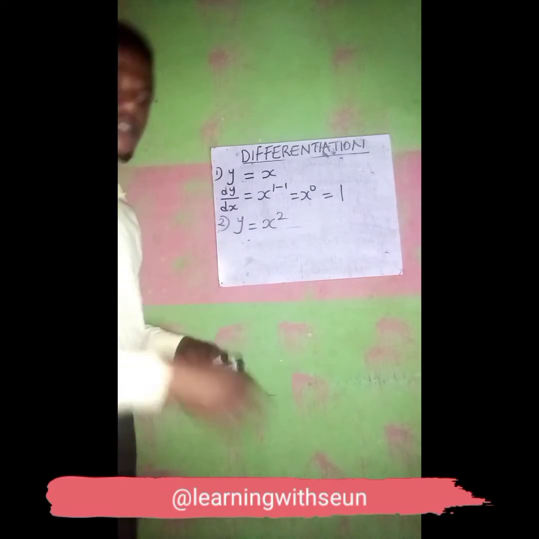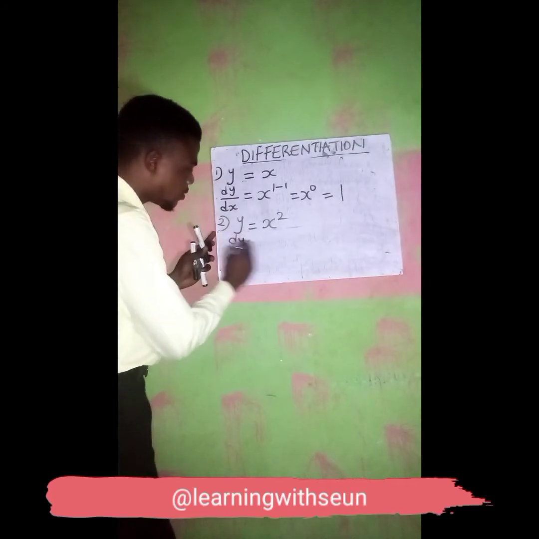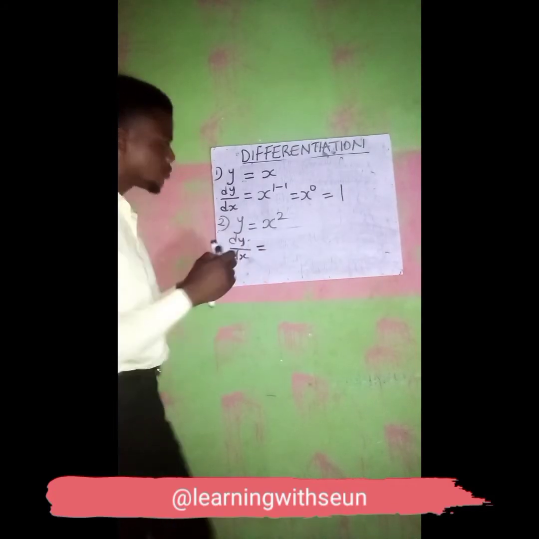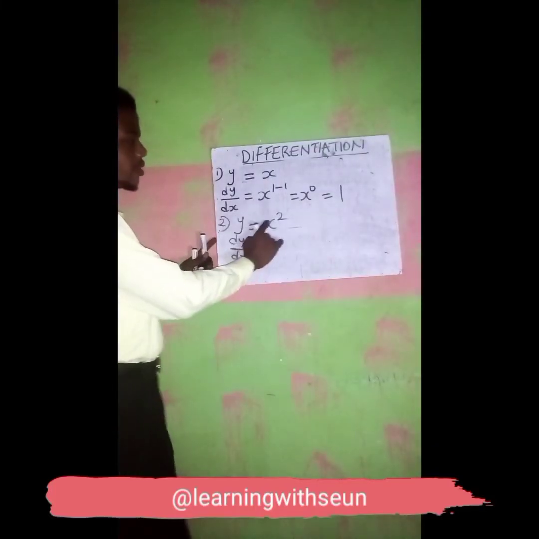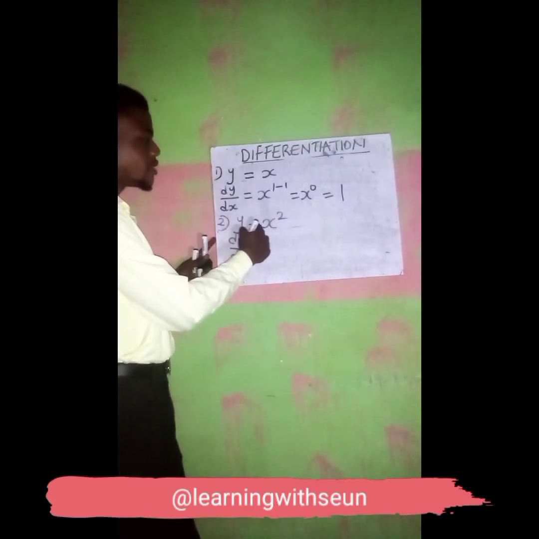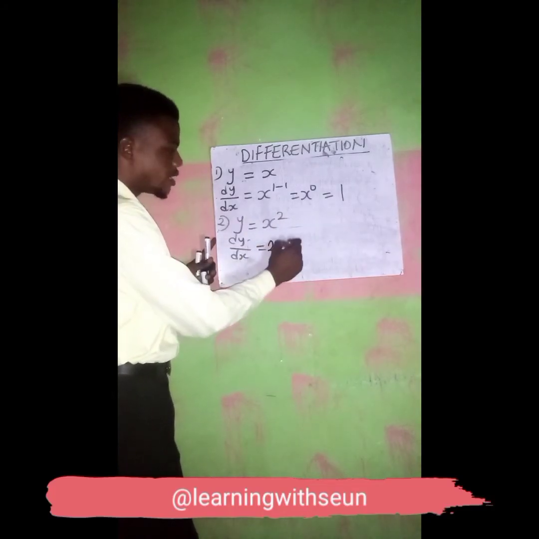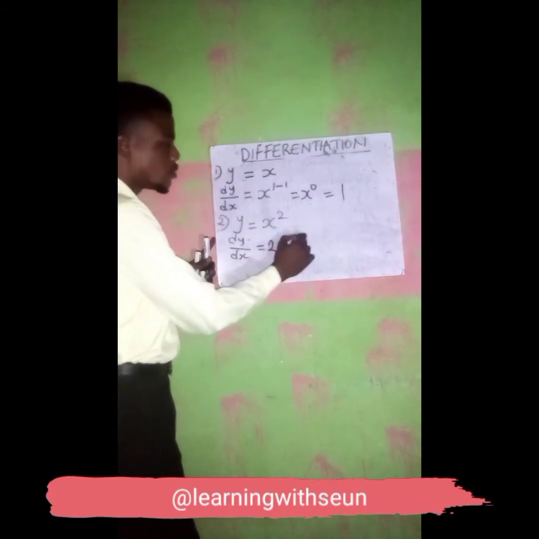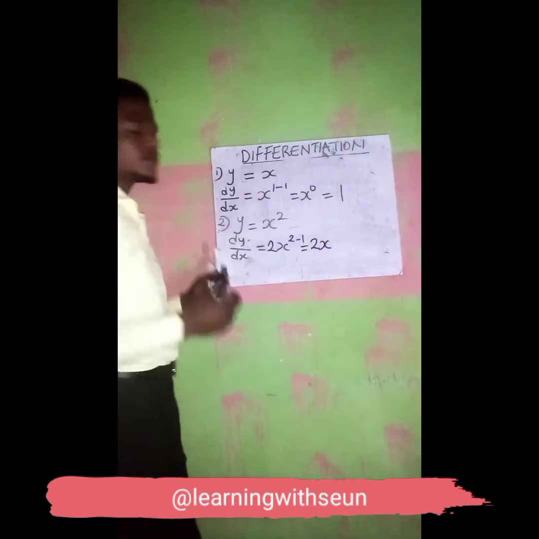If I'm going to differentiate this, I'm going to have dy over dx equal to, now multiply the coefficient of x by the power, that's 2 times 1, 2x, and 2 minus 1. So the answer is going to be 2x.